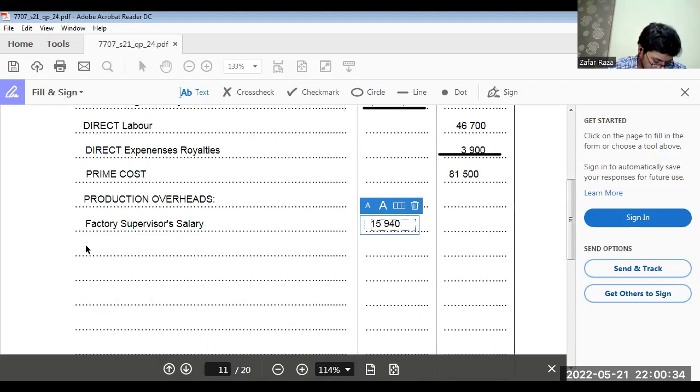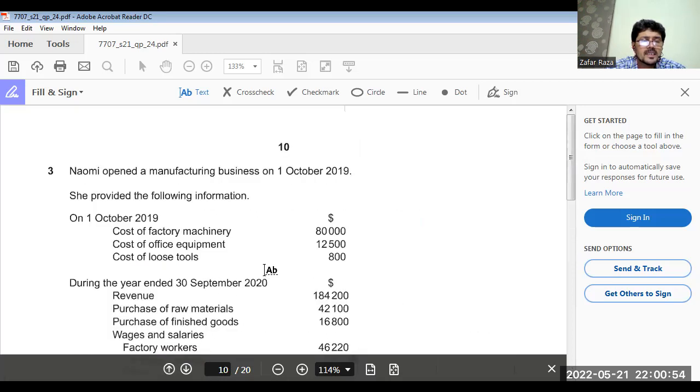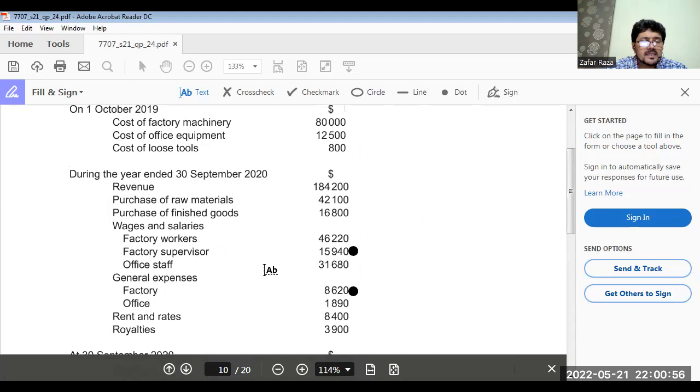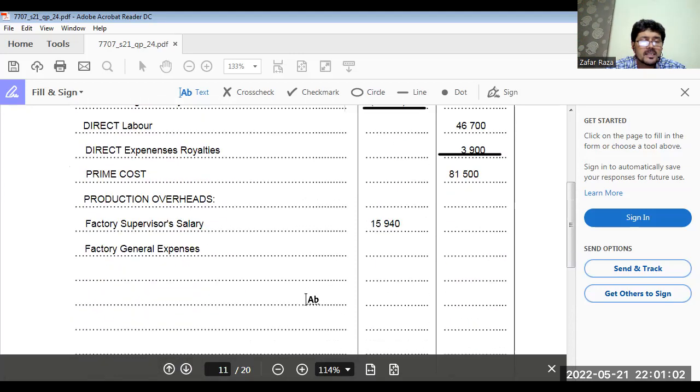The second is general expenses, factory general expenses. How much for factory general expenses? Factory general expenses were 8,620.